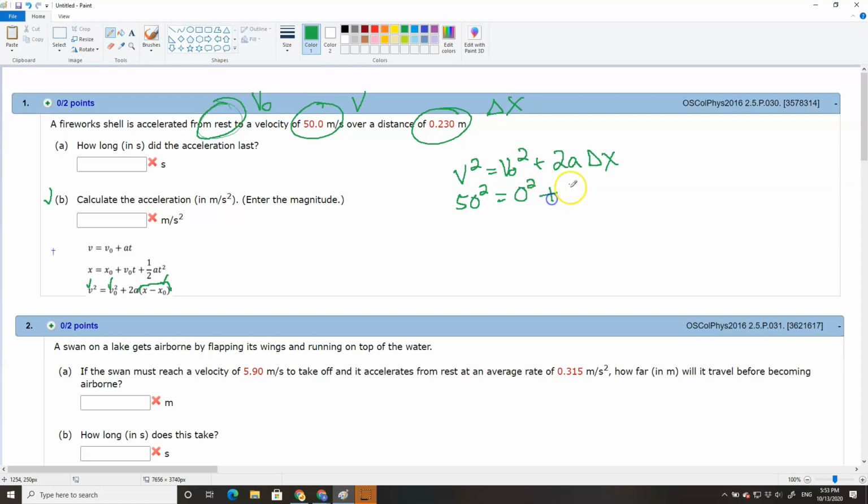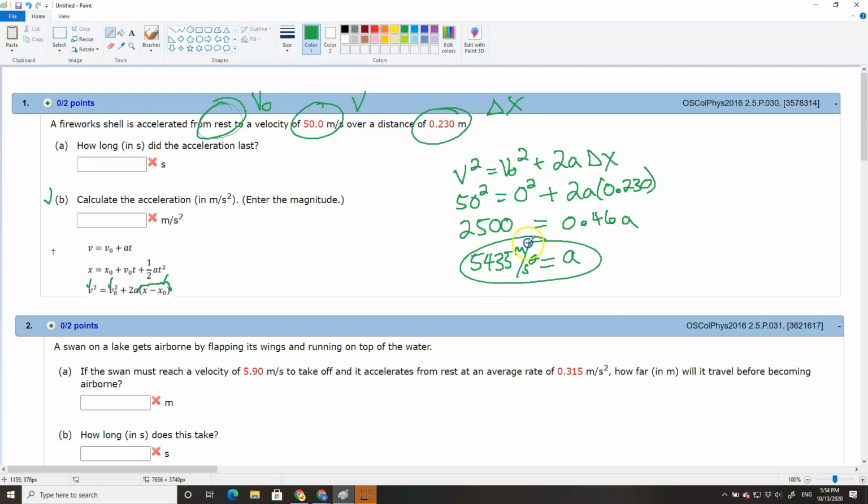That equals 0 squared plus 2a times 0.230. 50 squared is 2500. That will equal 0.46a. Solving for a, you'll get an acceleration of 5,435 meters per second squared.